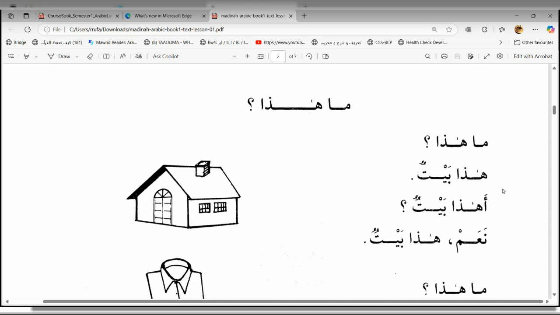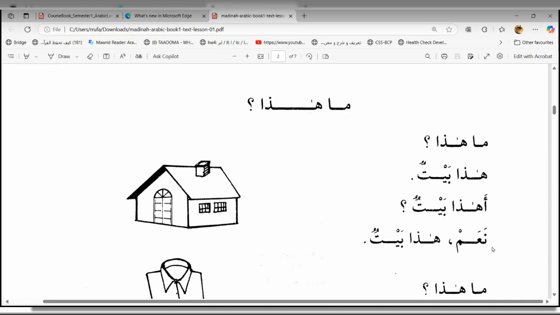And the word for yes is naam. We also have a word for no, which is la. We also have another word in Arabic which sort of means yes, which is bala.